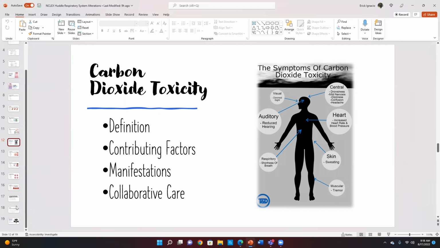Manifestations of carbon dioxide toxicity: alteration in level of consciousness, tachypnea, increased blood pressure, tachycardia with dysrhythmias.